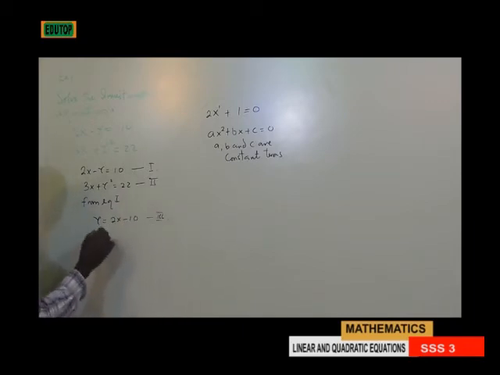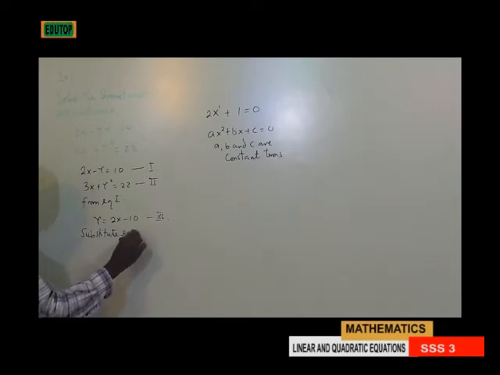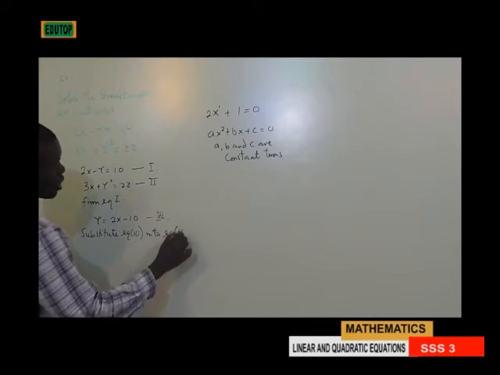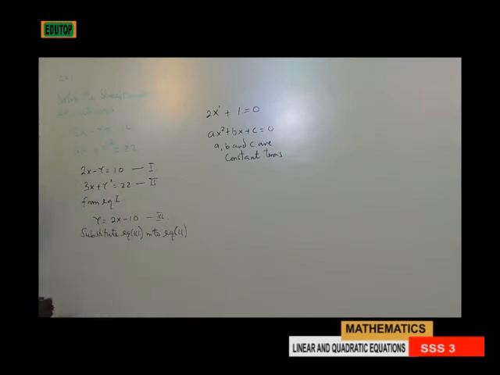So I now want to substitute equation 3 into equation 2. That is what I intend to do now. If I substitute equation 3 into equation 2, I will have 3x plus y squared, and my y is this, so it becomes 3x plus (2x minus 10) all squared equals 22.